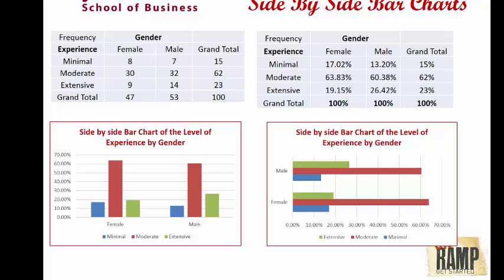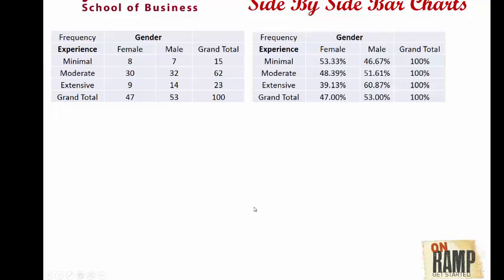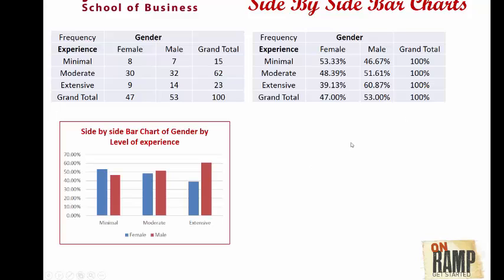Another way of putting it is by horizontal bar chart, which is the same thing. It's just that visually, that's how we see it. I'd like maybe to know the percentage now, the distribution according to the experience level. So for minimal, moderate, and extensive, this is my side-by-side.